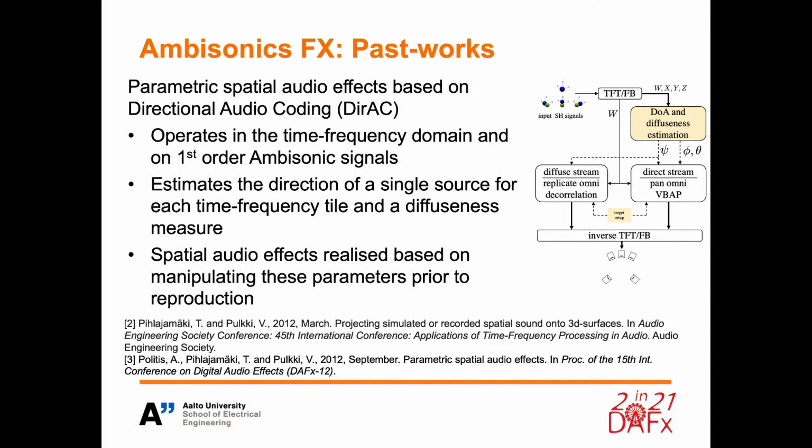These parameters are then used to try and reproduce the direct sound components as point sources, and this is accompanied by an isotropic diffuse stream, which is based on decorrelating many replicas of the omnidirectional signal and spatializing them all around the listener. The balance between these two streams is then dictated by the diffuseness parameter. So essentially, spatial audio effects based on Dirac work by simply manipulating these spatial parameters, changing the reproduction directions and the diffuseness value that's being used to balance between the two streams. A number of spatial audio effects can be realized.